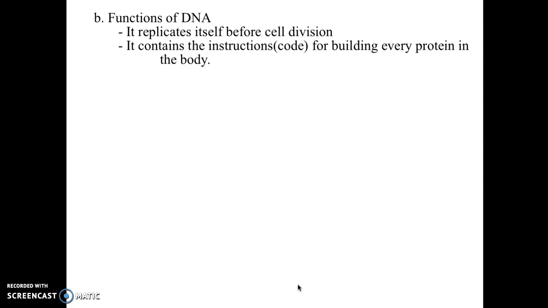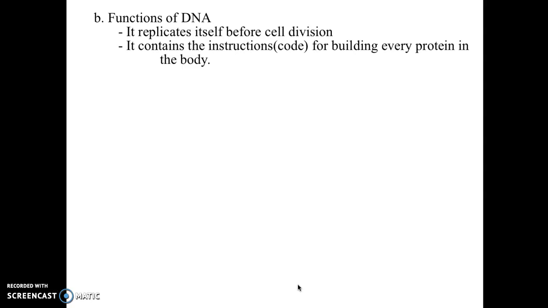All right. Now, if it does that, what happens if something happens to the instructions? The cell dies. Okay, so basically, it's very important to protect the DNA. If it's damaged by radiation or something like that, then it can mutate and other bad things can happen. Does every cell have all the instructions for the whole body?